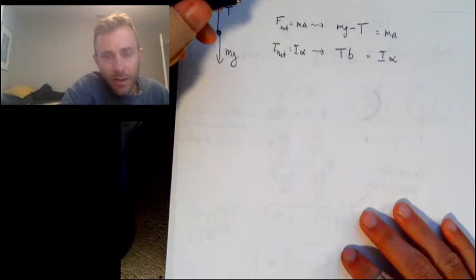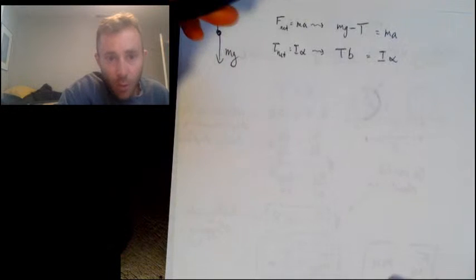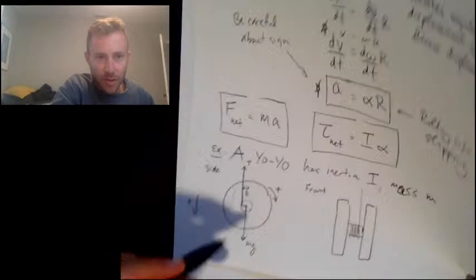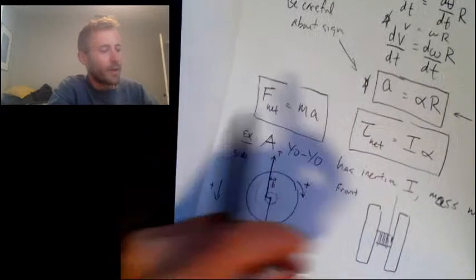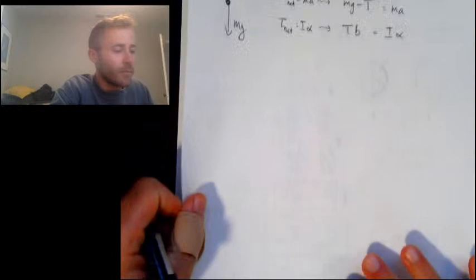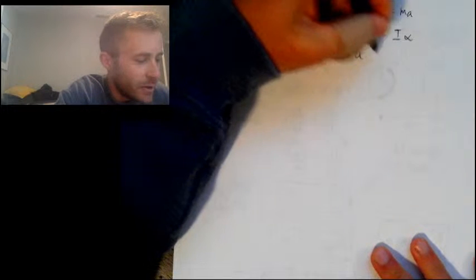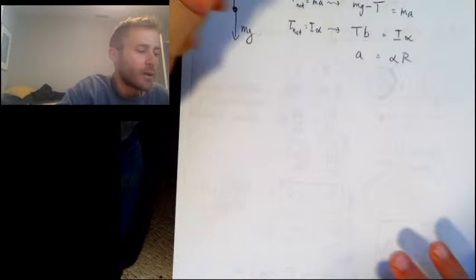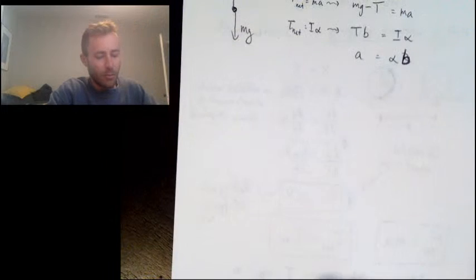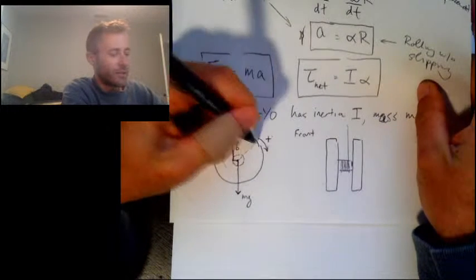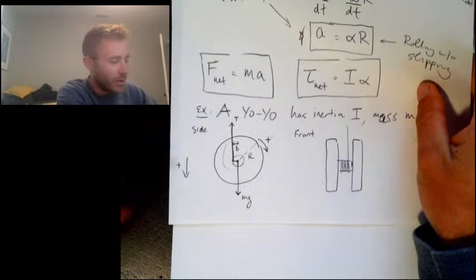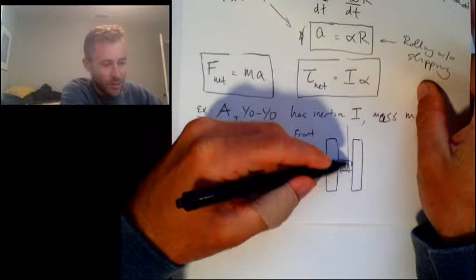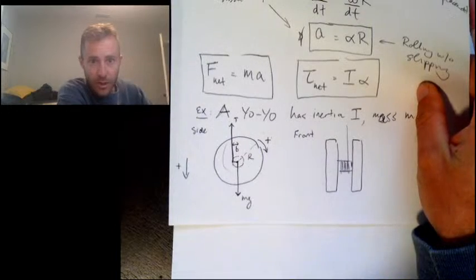And then I have the equation of rolling without slipping. In this case, it's unwinding without slipping, but the same idea holds. So I have a equals alpha R. But the radius in this case is called B, because there are multiple radii here: the yo-yo has that outer radius, but it also has this inner radius, and that's the radius that the yo-yo is actually unfurling about.